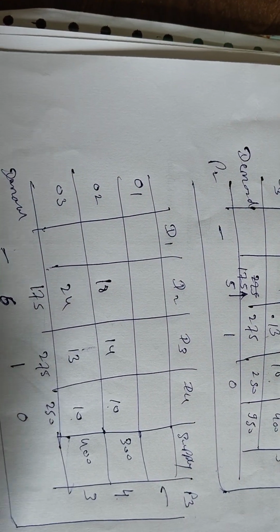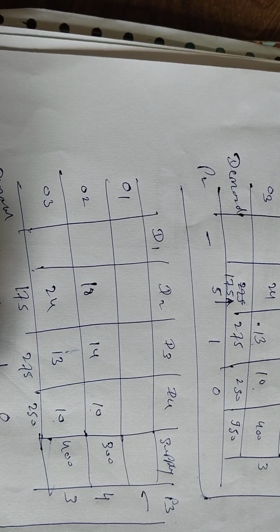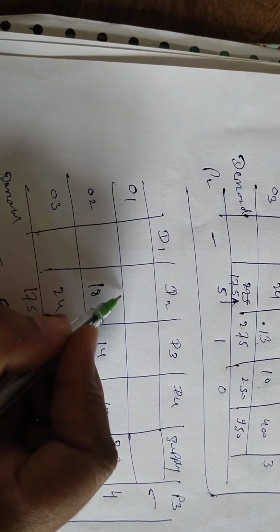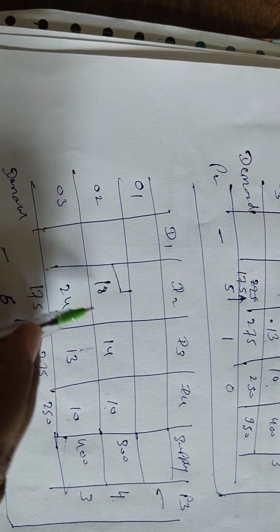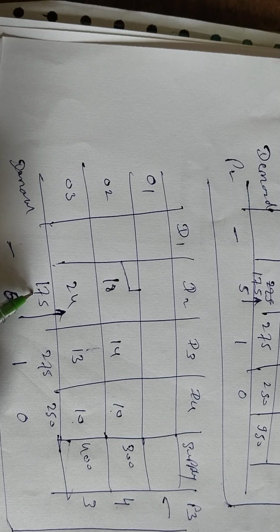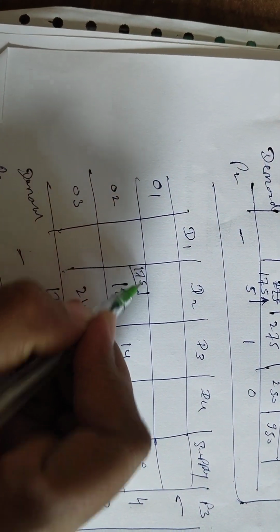Here the maximum value of this penalty is 6. Select this column. In this column the least value is 18, so start the allocation from this cell, 18. Here the demand is 175, supply is 300, so 175 you have allocated.